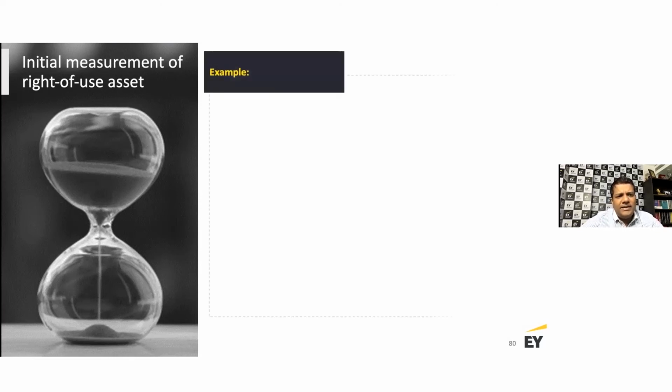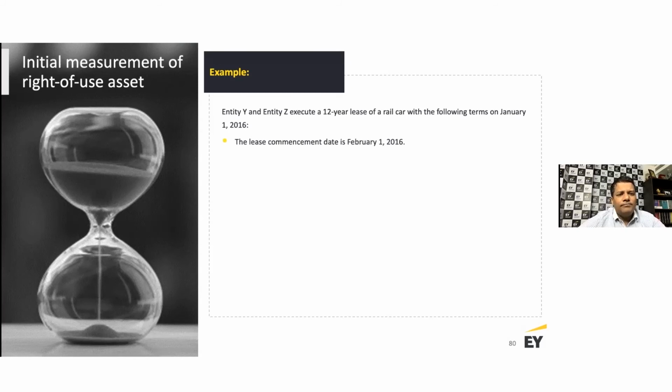Let's try and see with the help of this example. Entity Y and entity Z execute a 12-year lease of a rail car, with the following terms on January 1, 2016. The lease commencement date is February 1, 2016.